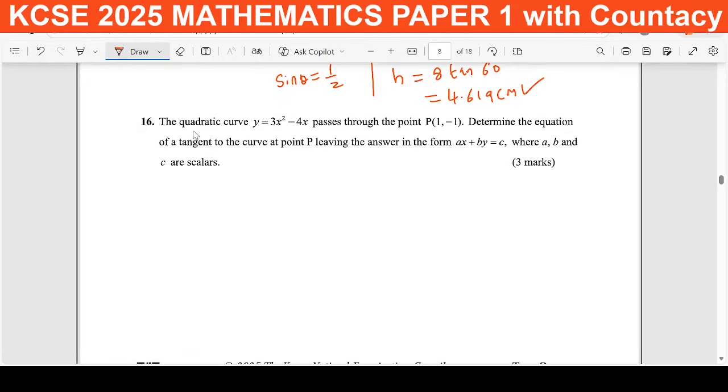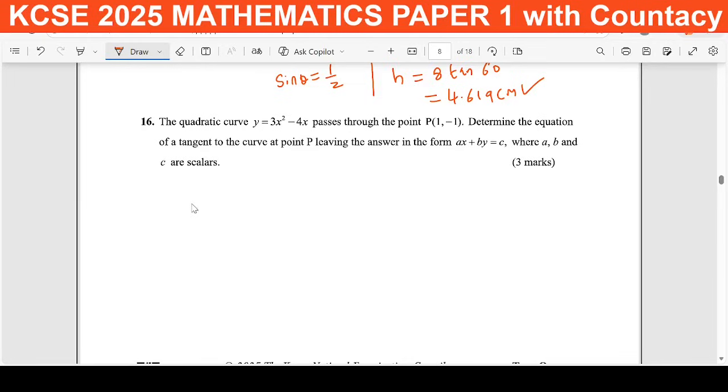We are told that the quadratic curve y is equal to 3x squared minus 4x passes through the point P, 1, negative 1. We are then told to determine the equation of a tangent of the curve at point P, leaving the answer in the form of ax plus by is equal to c, where a, b, and c are scalars.